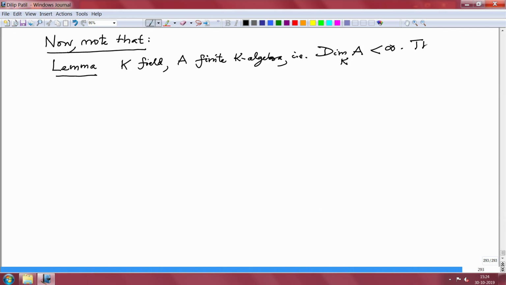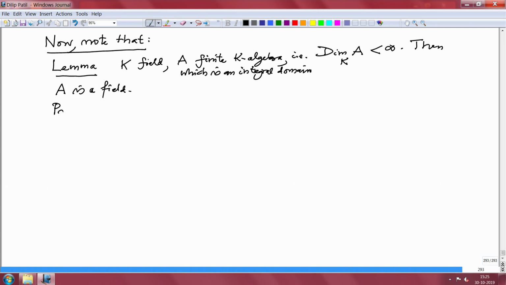If A is a finite K-algebra which is an integral domain, then A is a field.